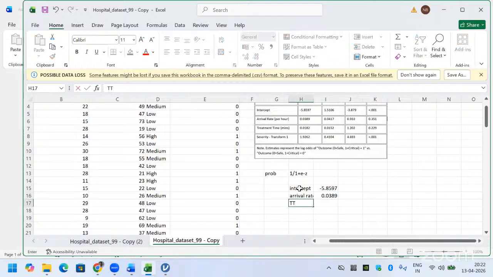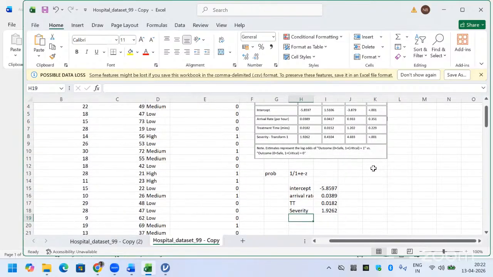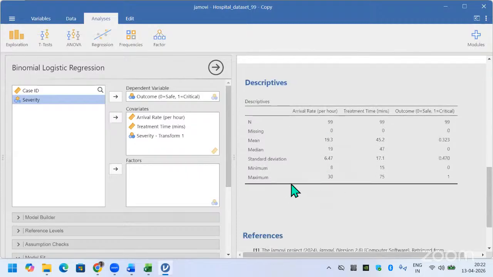Treatment time, TT, is 0.0182. The last one is severity, which is 1.9262. Suppose the arrival rate is an average value; looking at the transformation, the average arrival rate is 19.3 and 45.